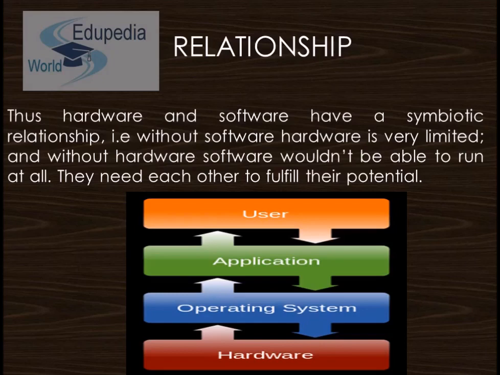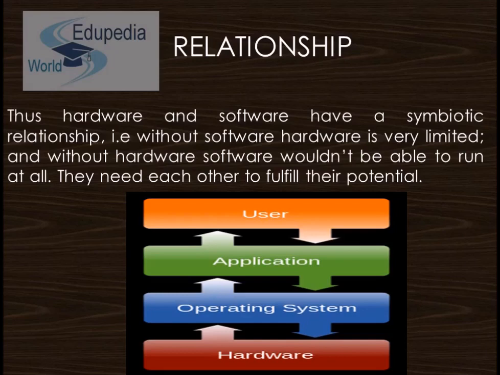From the figure you can see a layered structure which shows the relationship between various layers of software and hardware. The user only knows the application software, or only knows how to use it. Application software then knows how to interact with the system software, which simply is the operating system.